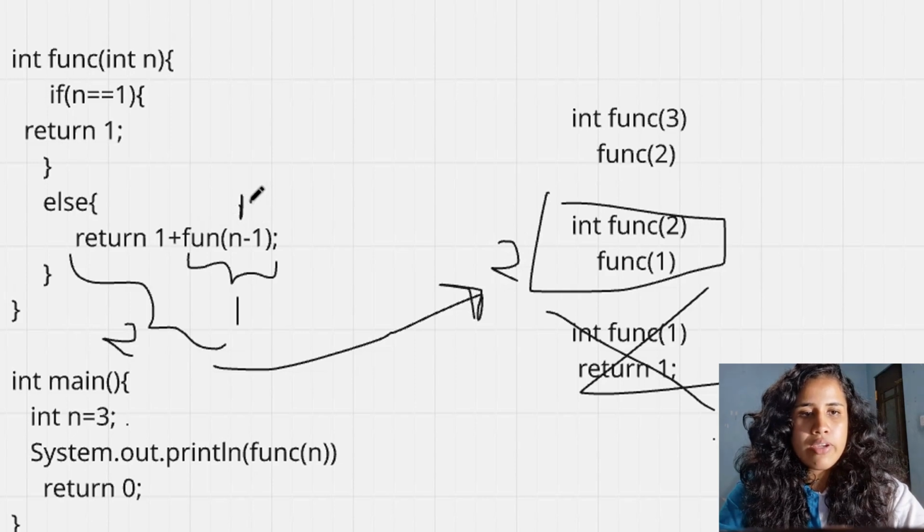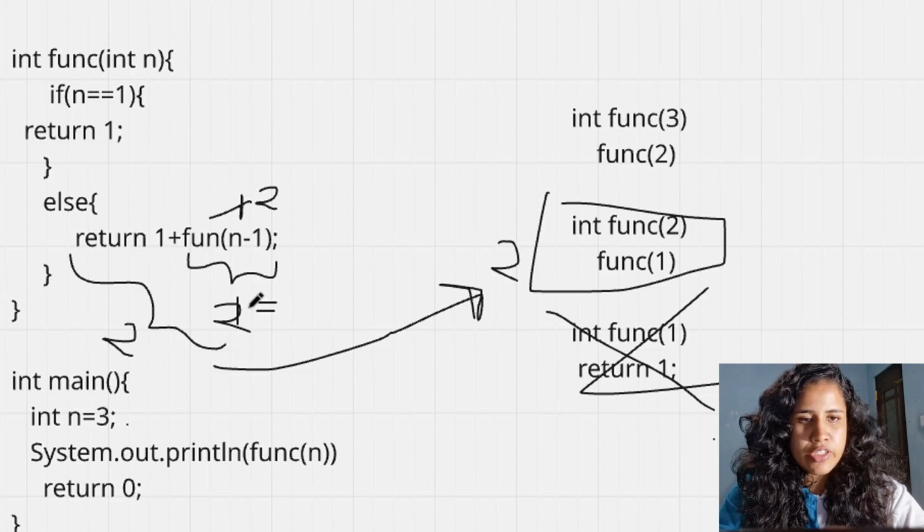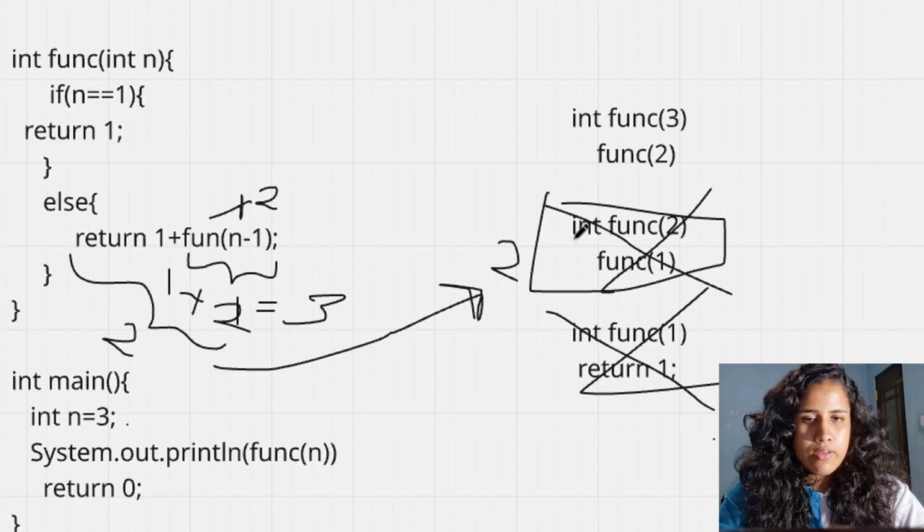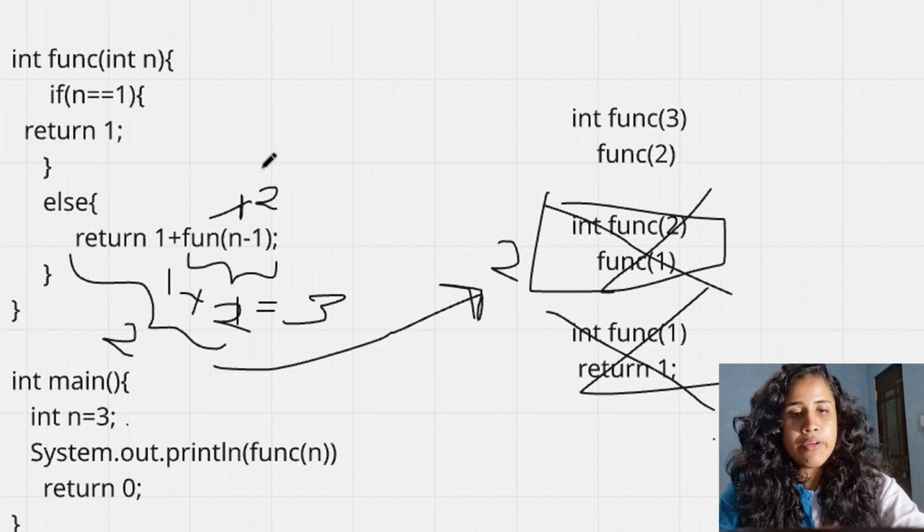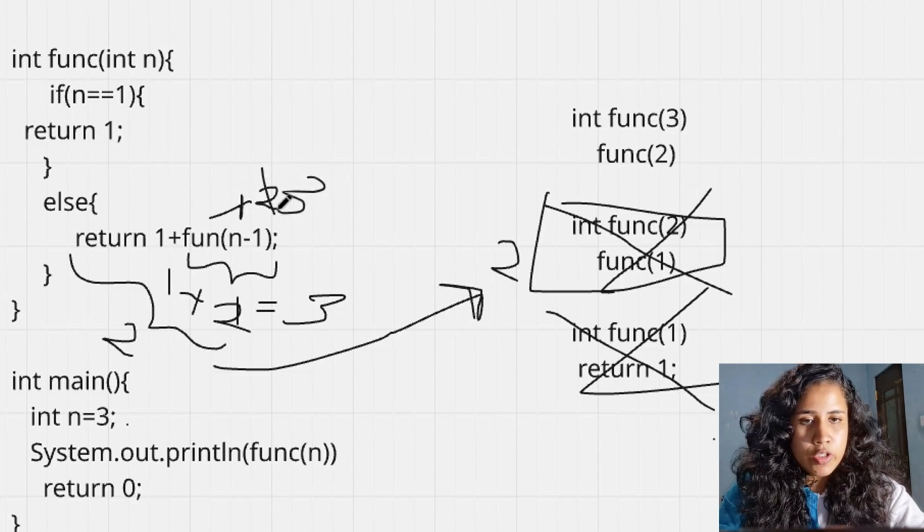So now we have int function 3, which is our function in the main function. So when it's in function 2, it will return the value 3.